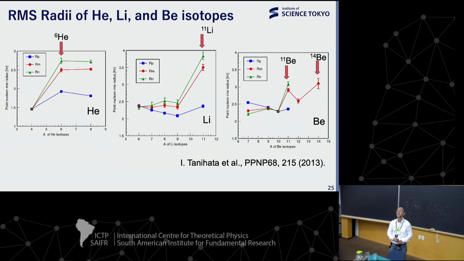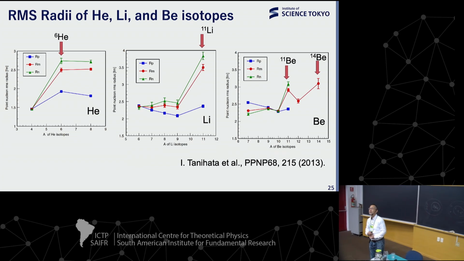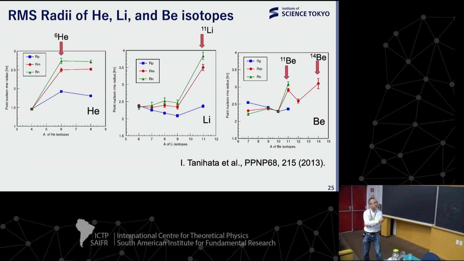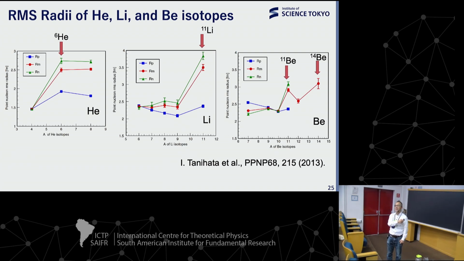I have a follow-up on the previous question. In quasi-free scattering, you basically only knock out the outer neutrons, so the halo neutrons. Is that correct? Well, in this particular case, yes, because we measure also lithium-9.